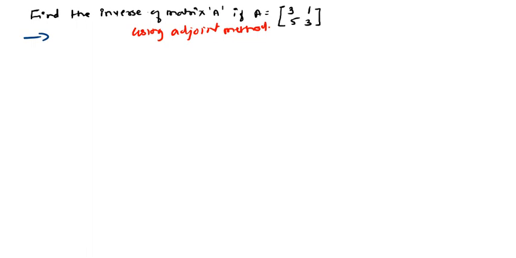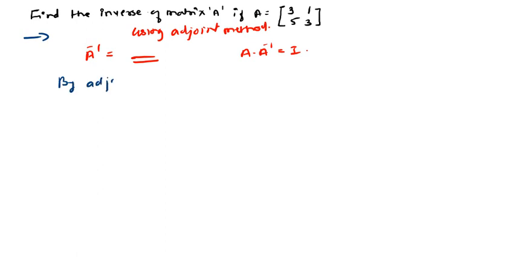We need the value for A inverse such that A into A inverse will be equal to the identity matrix. So we will try and find the inverse of the matrix using the adjoint method.